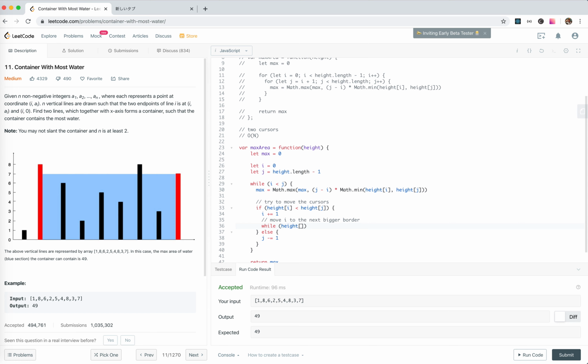Because we already moved it one further, while height at i plus 1 is smaller than height i.